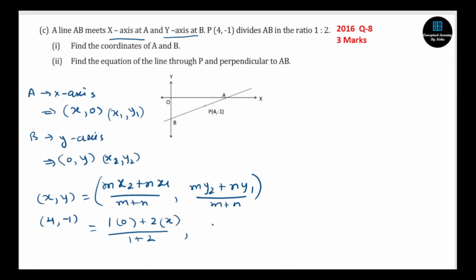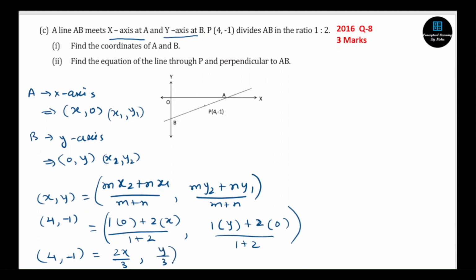Here m is 1, y2 is y plus 2 into y1 is 0, upon 1 plus 2. And now simplify this. So what do we get? 4 minus 1 equals, this gives me 0 plus 2x upon 3, and here I'll get y upon 3, and on comparing both the sides, what do we get?